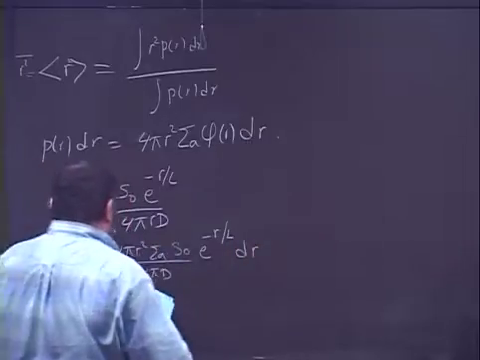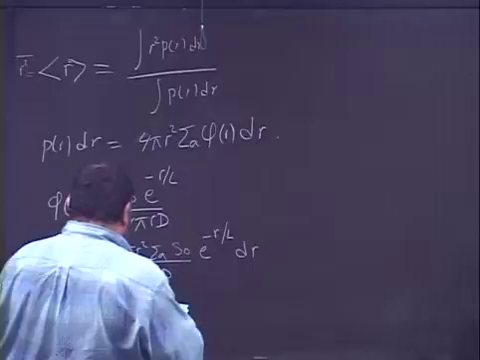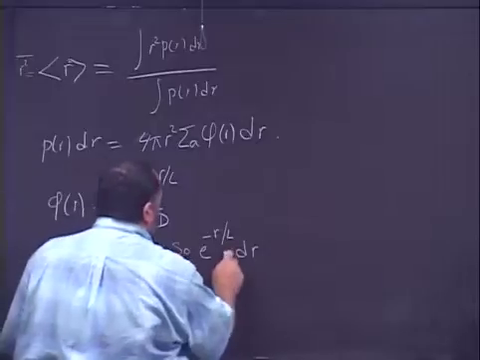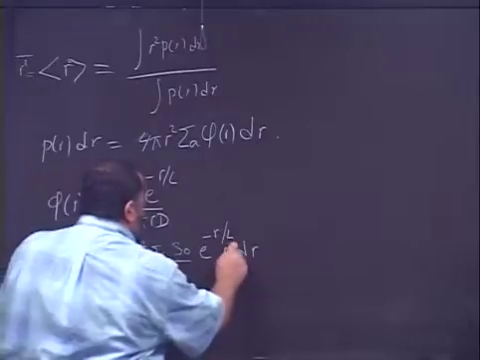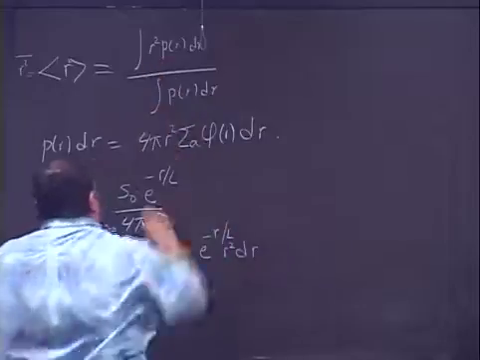dr. Then you have r square again here, which is the averaging of r square.